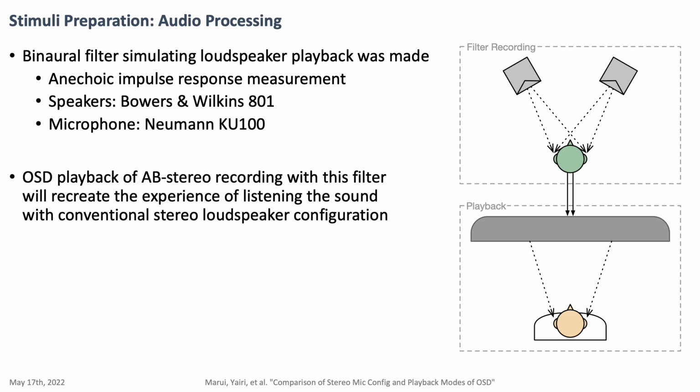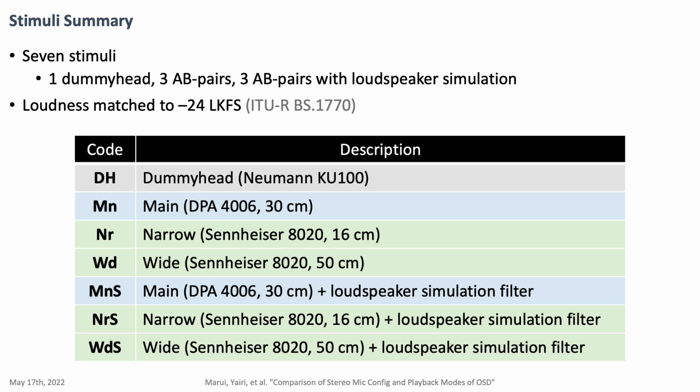When this filter is applied to AB stereo recording, the listener can experience the sound of stereo loudspeakers placed at plus or minus 30 degrees through binaural rendering. These processes made 7 stimuli: 1 dummy head recording, 3 AB stereo recordings, and 3 AB stereo recordings with loudspeaker simulation filter.